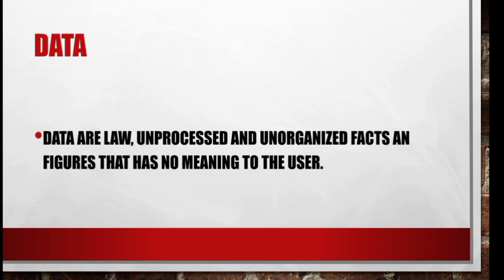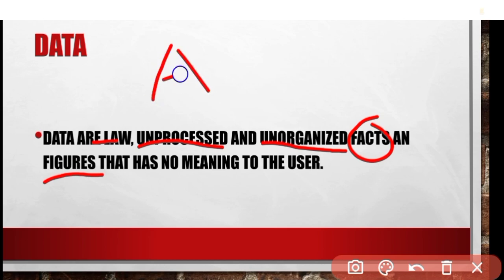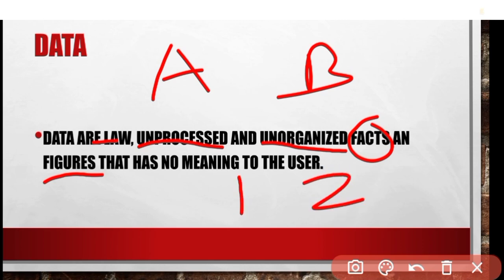So what is data? Data are raw, unprocessed and unorganized facts and figures. These are facts and figures that have no meaning. Example, A, P, these are figures. Or 1, 2, 3. They are figures. They have no meaning to the user.